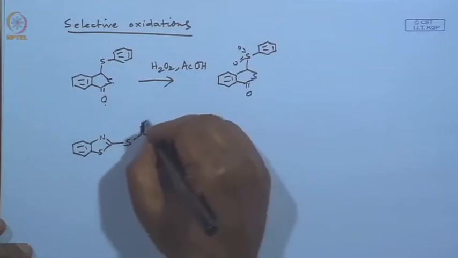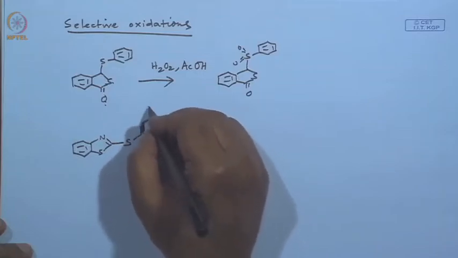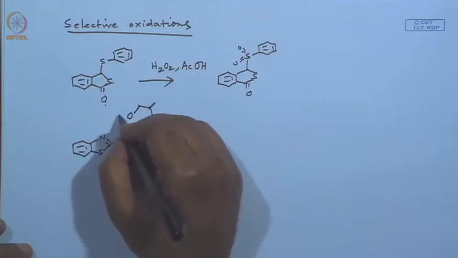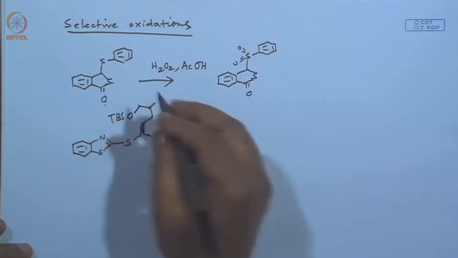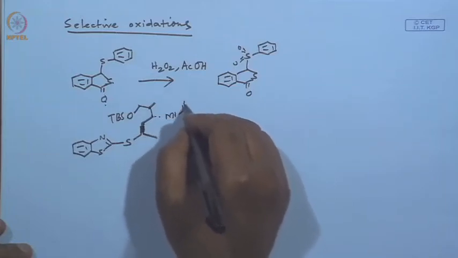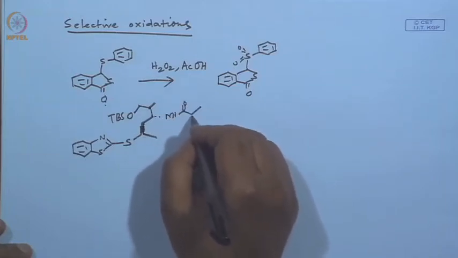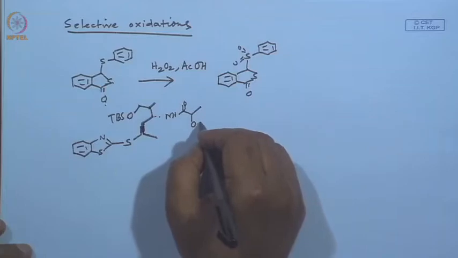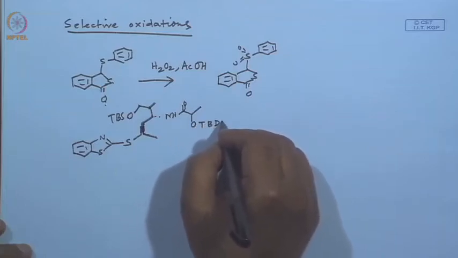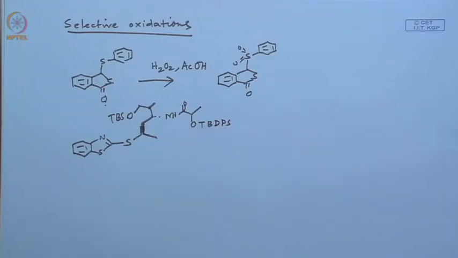This methyl group here, then you have all kinds of groups here and there. This is TBS, and then you have an amide bond here, and then in this case TBDPS. Okay.